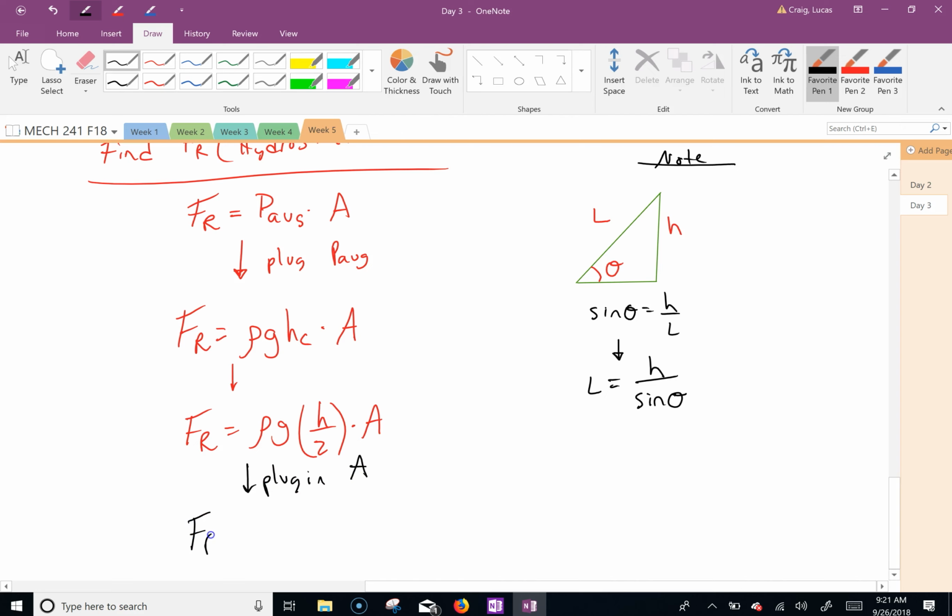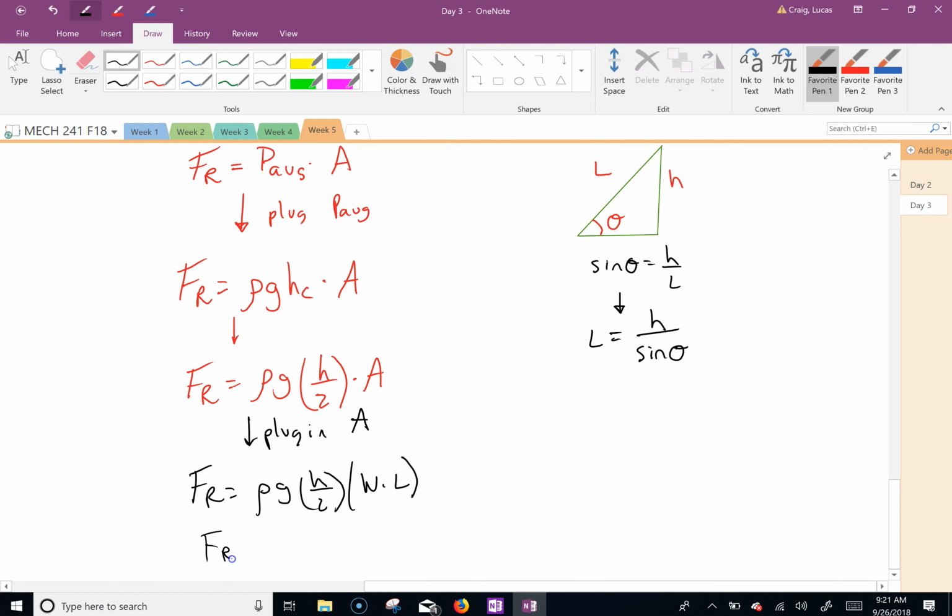So if you notice, now we can plug in A. So FR equals rho G H over 2 times W times L. And now we've defined what L was. We can plug that in like this. Now, looking at this equation, are all our givens on the right of this equation? The density of water, G, H, W, and the angle.